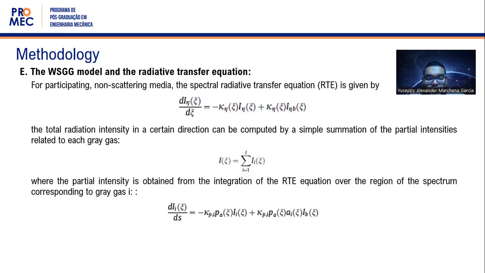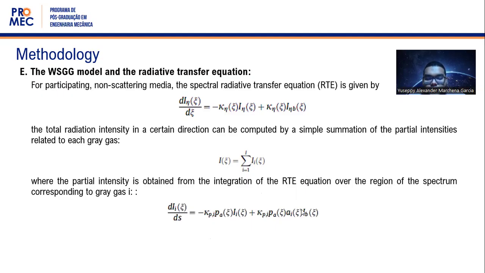For each of them, a radiative transfer equation analogous to the spectral one is solved using a constant absorption coefficient. We are going to assume that this coefficient is constant over a given wavenumber interval, and a temperature-dependent weighting factor too.